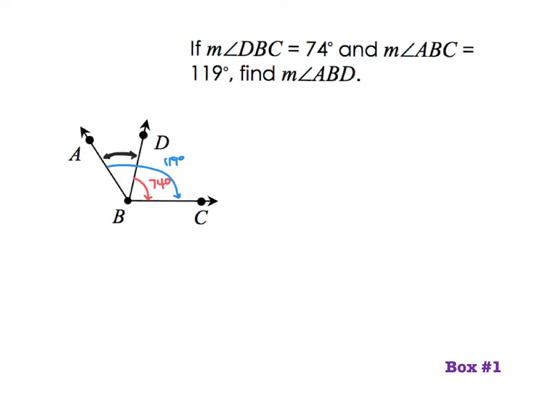Now, some of you might see it right off the top of your head and write it down, but I am just going to go through the process so that you see it.